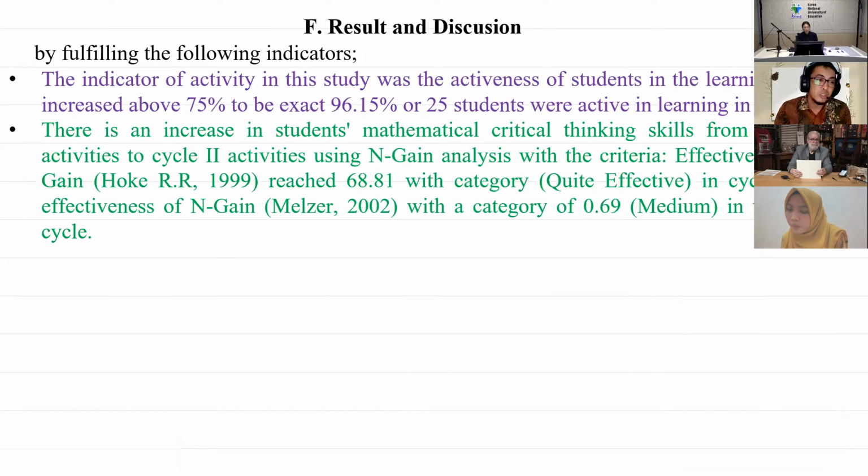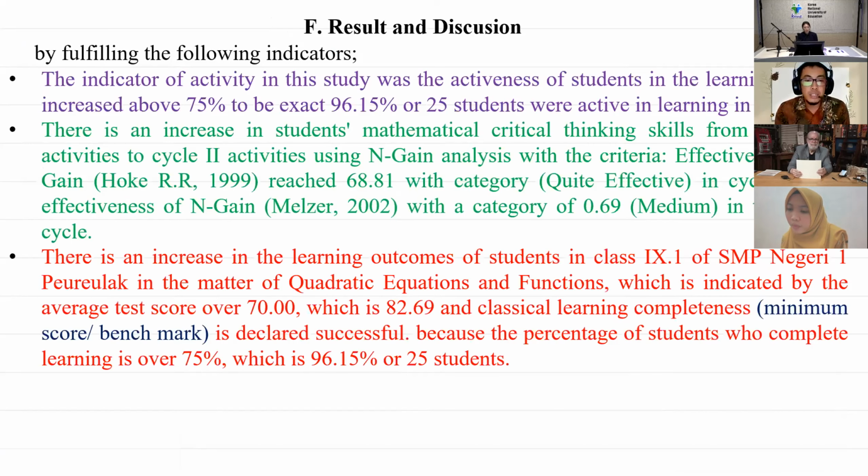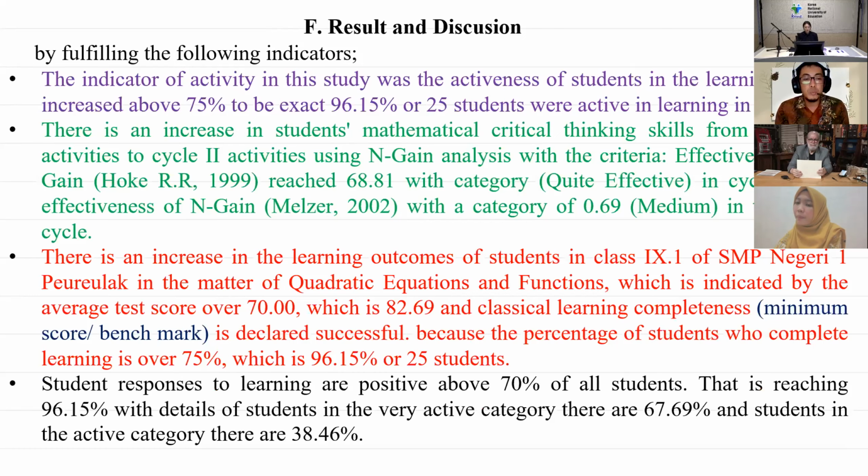Then number 3, there is an increase in the learning outcomes of students, more than the minimum score, with 96.15%, or 25 students, completing. And the last, student responses to learning are positive, about 20% is reached, but more, 96.15% of students are in the very active category.